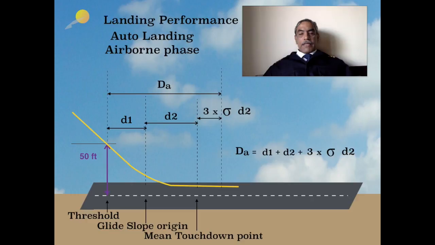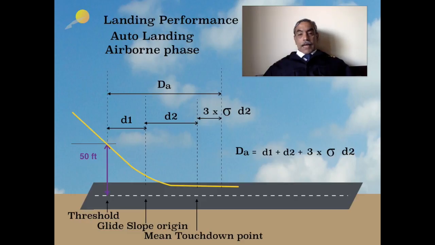The autopilot commences the flare maneuver and then touches down. And of course, there is a mean touchdown point. The distance from the glide slope origin to the mean touchdown point is called D2. And of course, from 50 feet to glide slope origin point is called D1. These are all small distances, nevertheless.